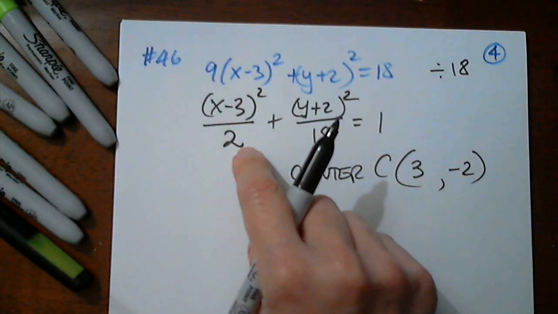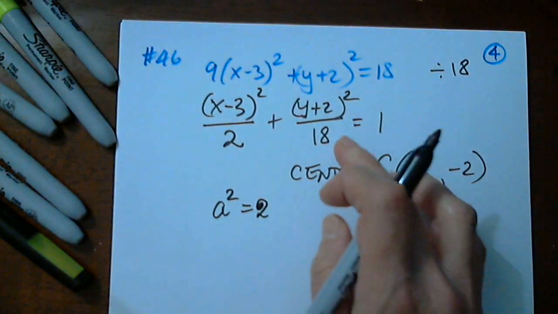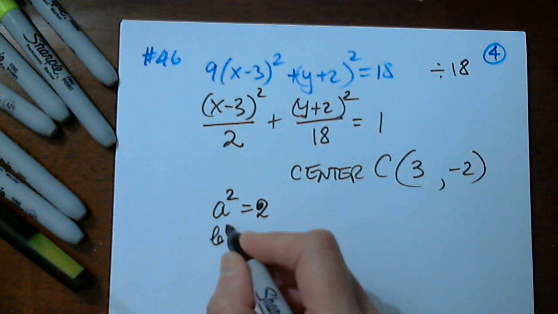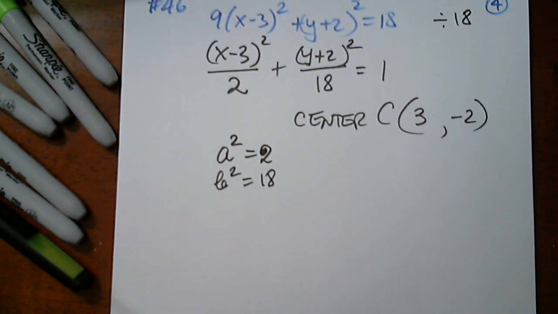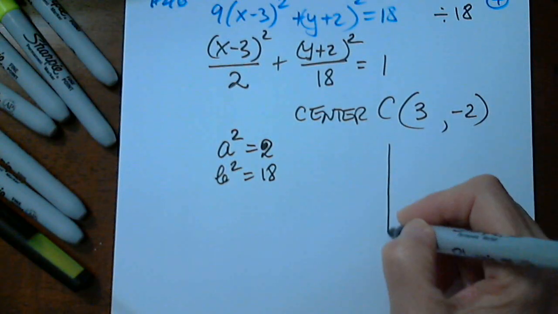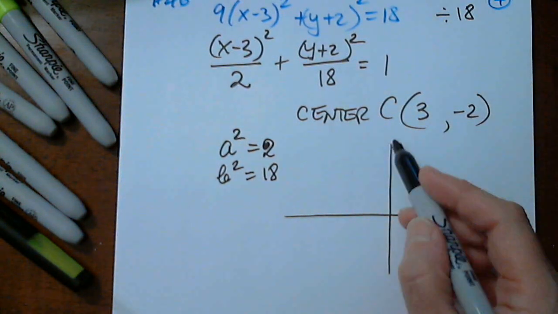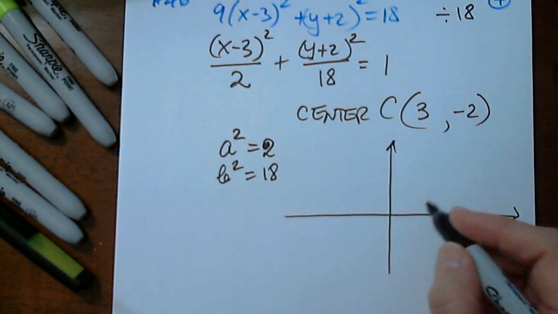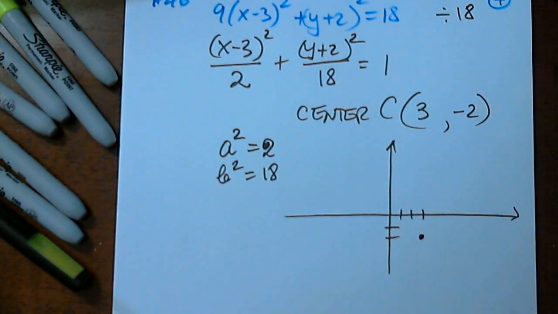Good. This must be a squared. This must be b squared. Okay. So first of all, let's start with the center. 1, 2, 3, 1, 2, right here.